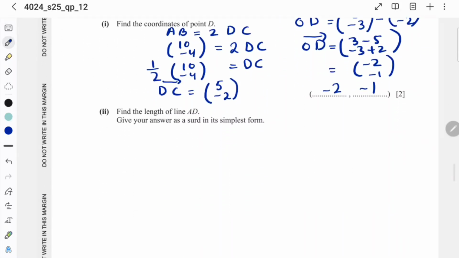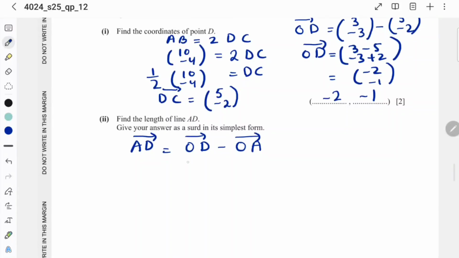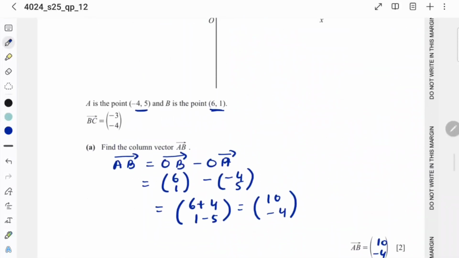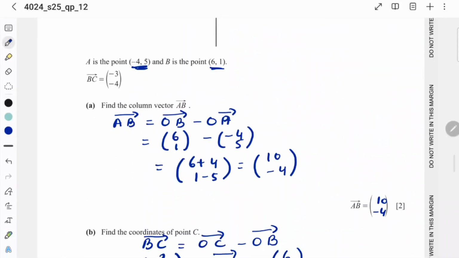Now the next part is to find the length of AD. It means the magnitude of AD. Give your answer as a surd in its simplest form. So first of all, we know how to find the position vector AD. AD is equal to OD minus OA. We know the value of D, which is (-2, -1), and the coordinate A is (-4, 5).